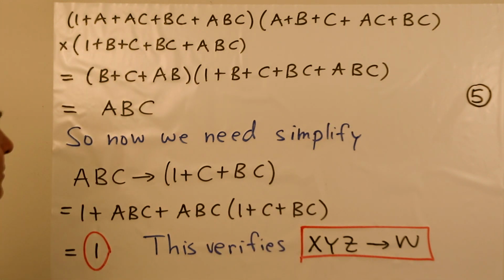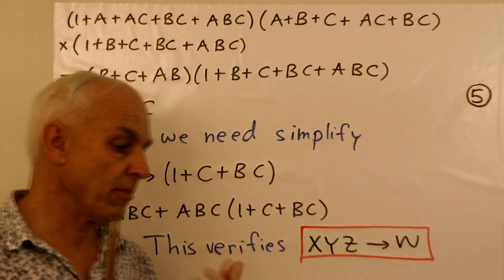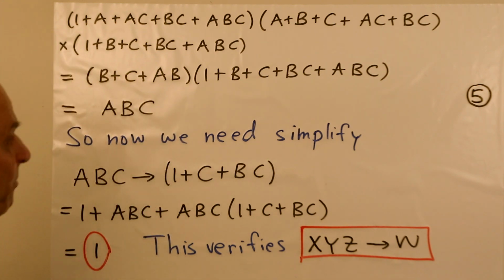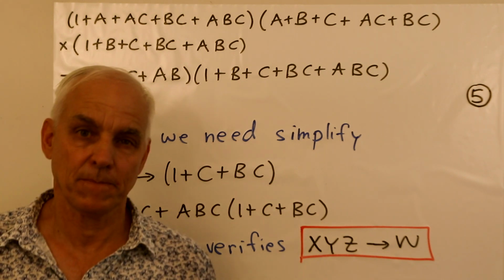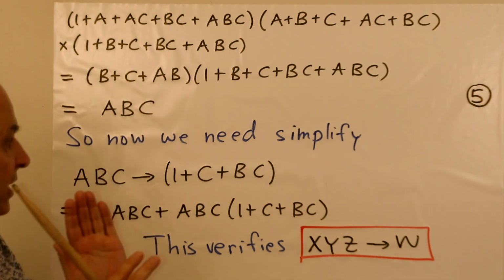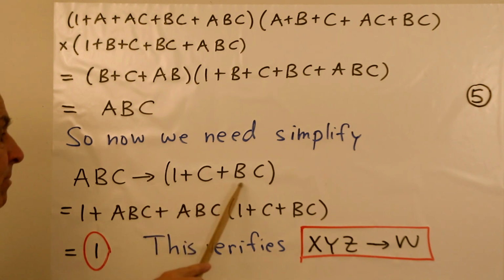Then I leave it to you. Same kind of thing. We expand it out, collect terms, cancel, rub off powers, etc. And it turns out that it all reduces to ABC. So the crucial expression that we want to simplify is ABC implies 1 plus C plus BC.